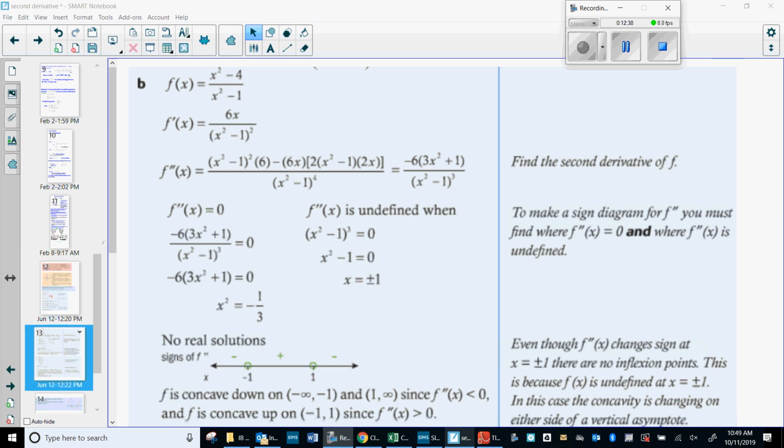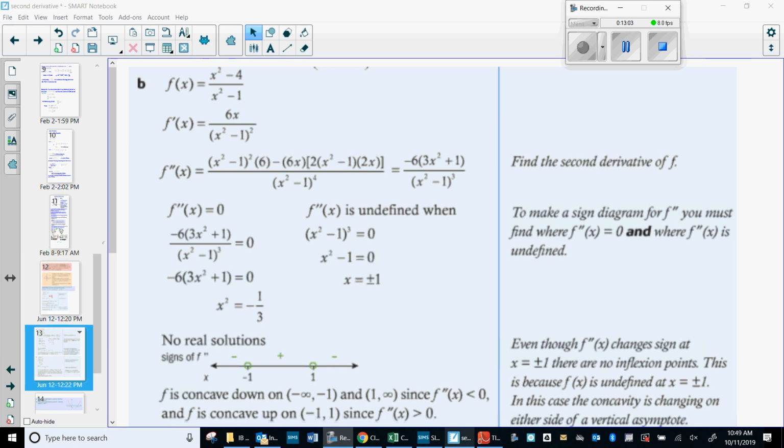But here we can talk about when the second derivative is undefined, so we would focus on the bottom. What does undefined mean? It's where there are asymptotes; there is no value.